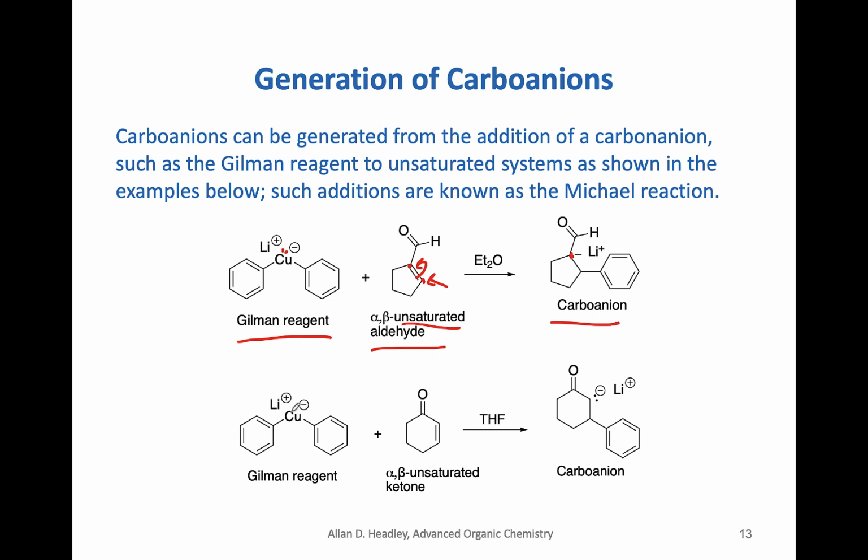Here's another example. Gilman reagent. This reacts here, an alpha-beta unsaturated ketone in this case. This reacts right here to give the carbanion here. You may be wondering, why not here to give the carbanion here?